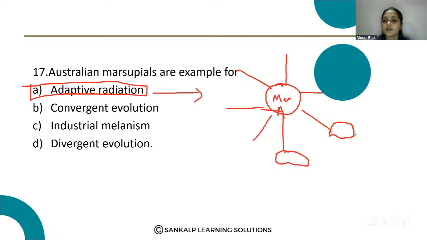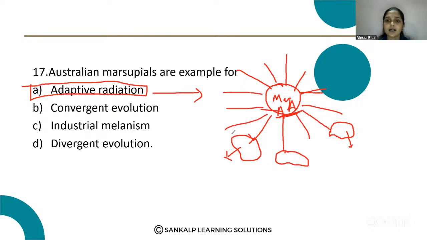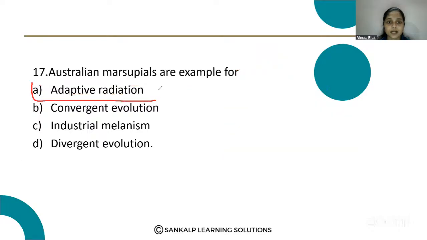The one that moved to a cold condition adapted its body for the cold, and based on food, habitat and temperature, they changed their body form and formed new species. The ancestors are the Australian marsupials. That is called adaptive radiation. Option A is the correct answer. One more example of adaptive radiation is Darwin's finches.